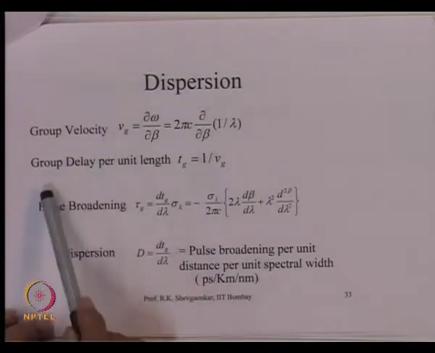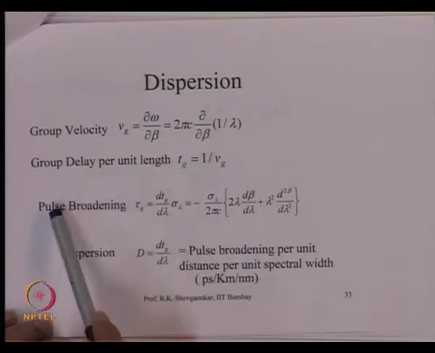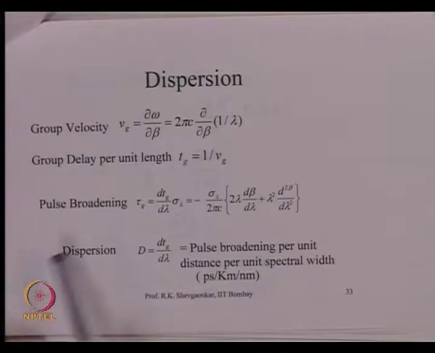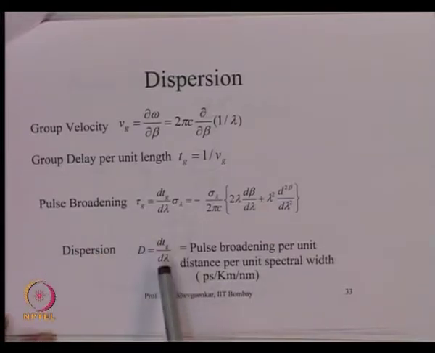Inverse of this quantity is what is called the group delay per unit length, that is this Tg. And then we said the dispersion is nothing but dTg by d lambda, that is the rate of change of group delay with respect to the wavelength. And then we got the unit for dispersion, which is picosecond per kilometer per nanometer.